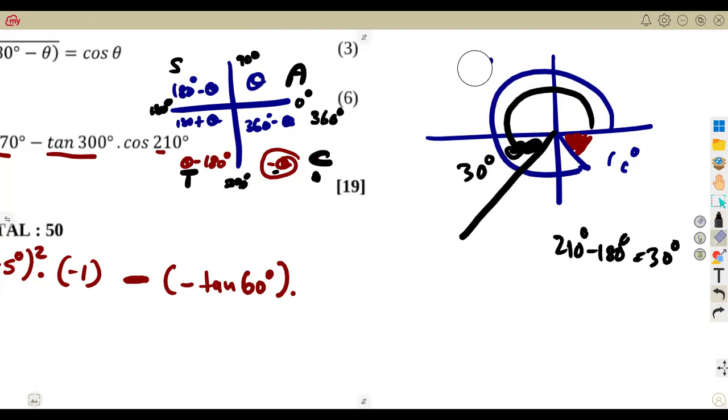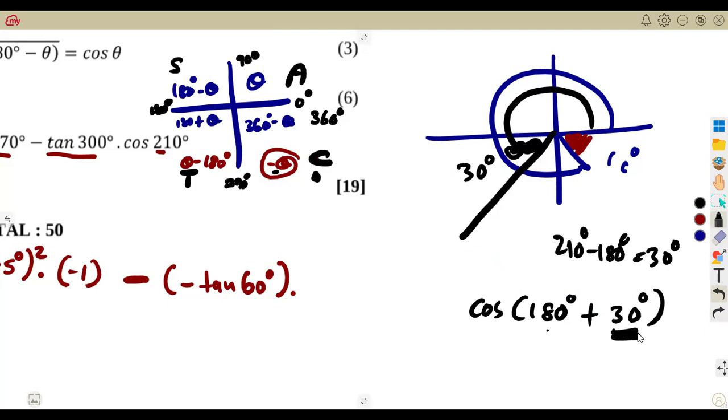So for you to get 210 degrees, you're going to add 180 plus 30. That is the condition. How can we get that one? That is how you ask yourself. So it is cos of 180 plus 30. If you add these two, you're going to get 210. So our acute angle being 30, and this quadrant is for tan, as you can see.